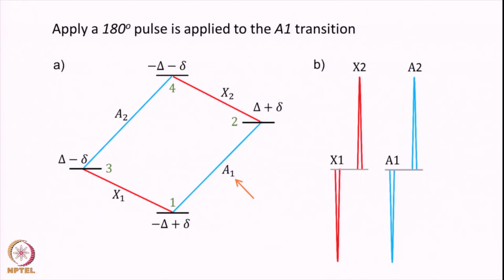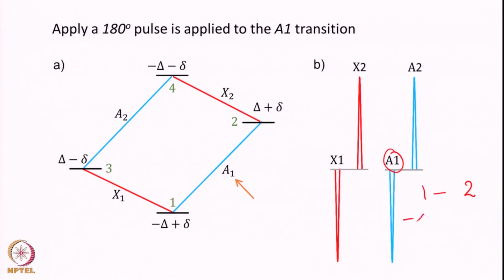Okay. So, what is the effect of this inversion pulse? Now take the difference for A1. The A1 intensity will be state 1 minus state 2.